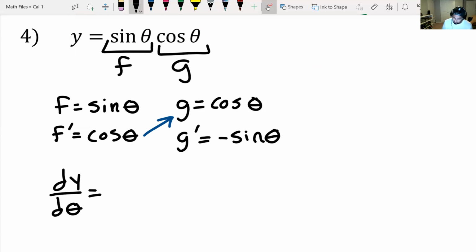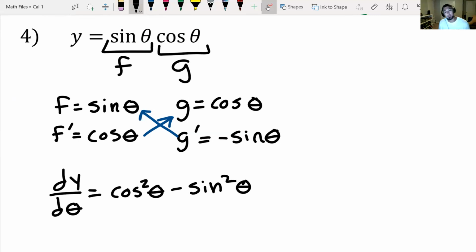Cosine times cosine, cosine squared theta, plus negative sine theta times sine theta. So that'll actually be negative sine squared theta. So this will be minus sine squared theta.